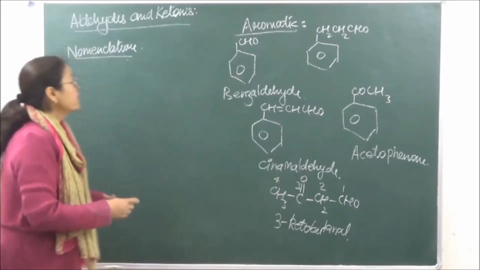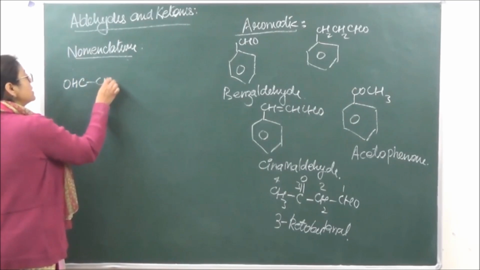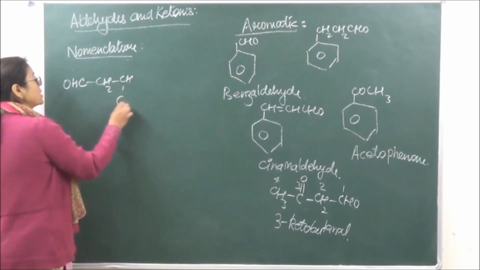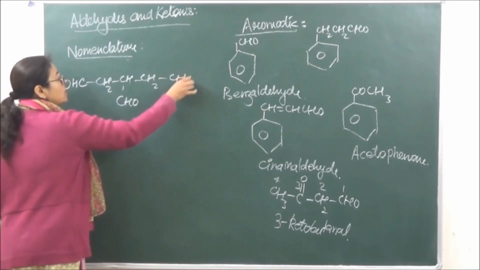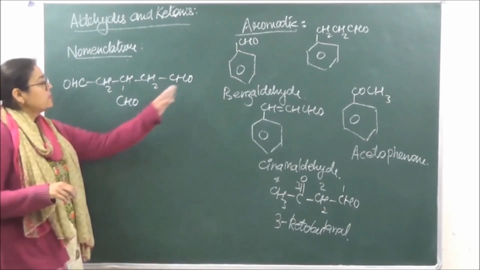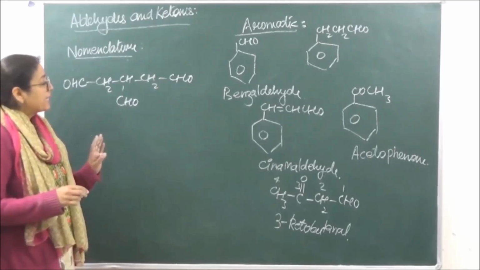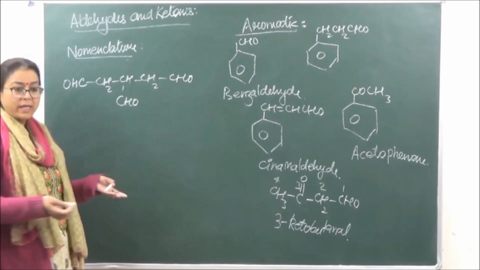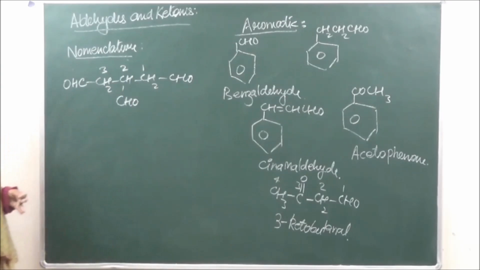Okay? But if we have a compound like this, CHO, CH2, CH, CHO, CH2, CHO. Suppose we are having a compound like this. Now you can see over here that we cannot include all three groups in the parent chain, so in that case we will not include any of them in the parent chain. We give the numbering from here, 1, 2 and 3.